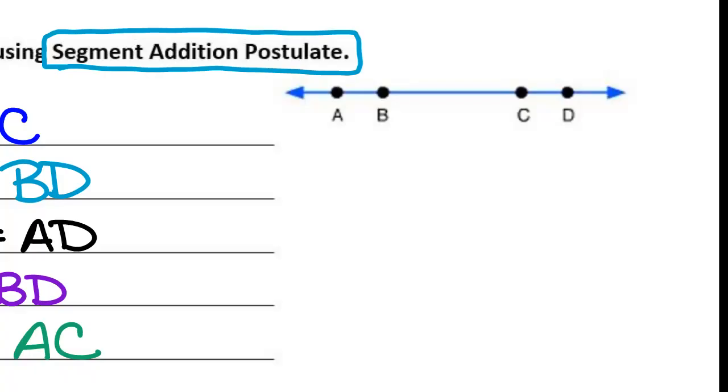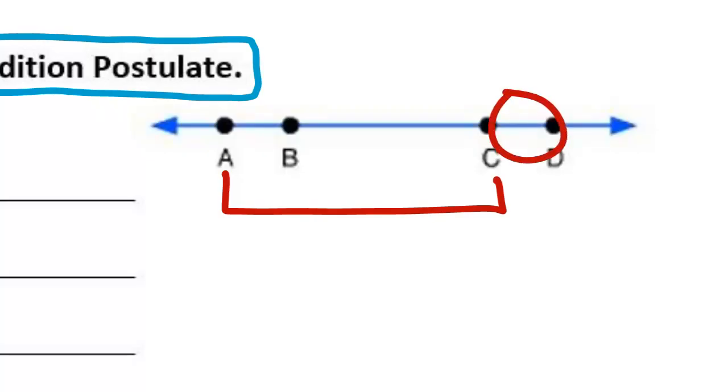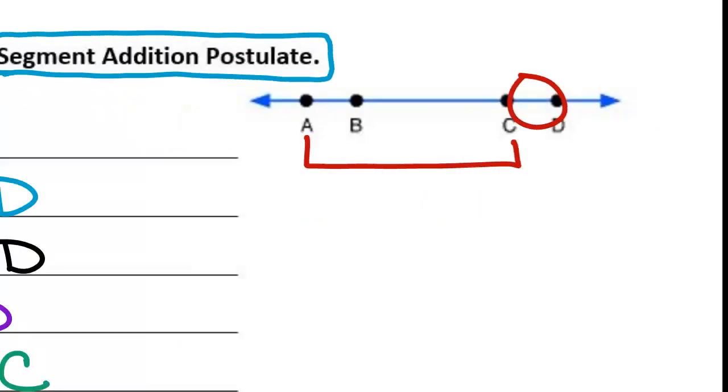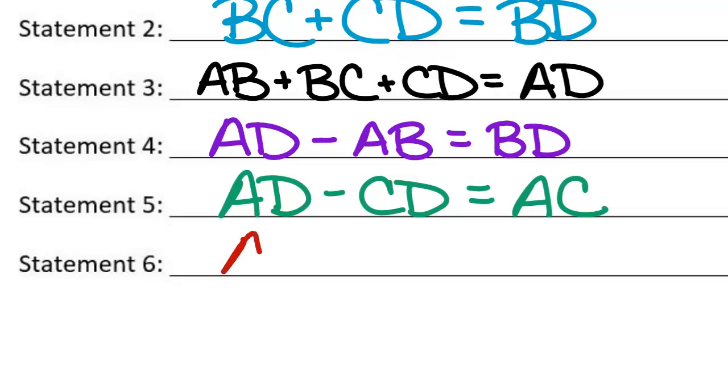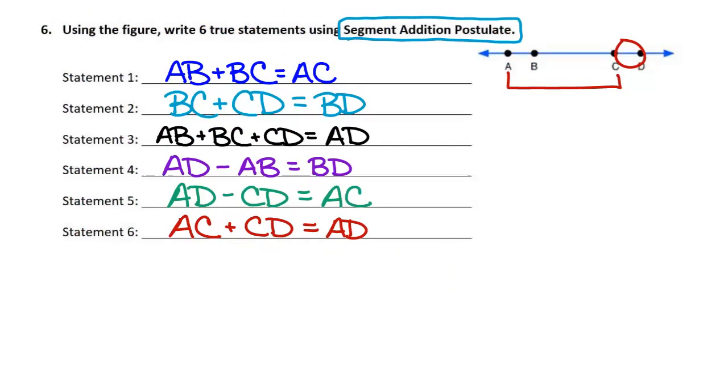Could I, if I wanted to, add AC and CD together? It would give me AD. I could keep going. It only had 6 slots, but there are a couple more that I could do on here.